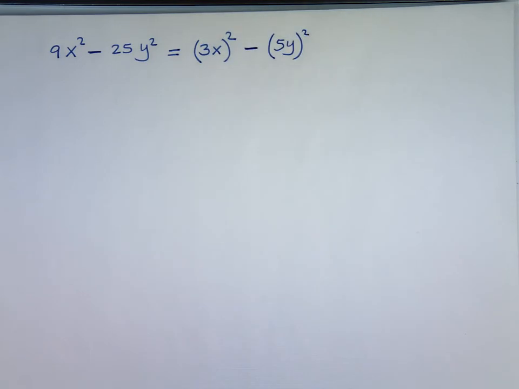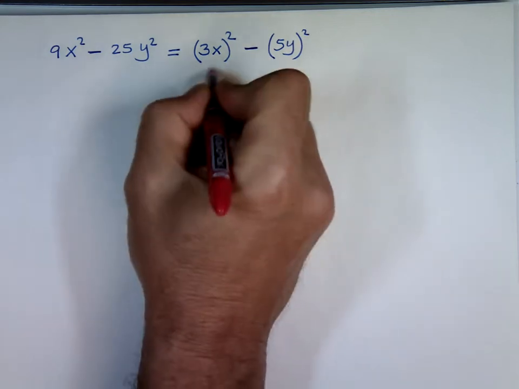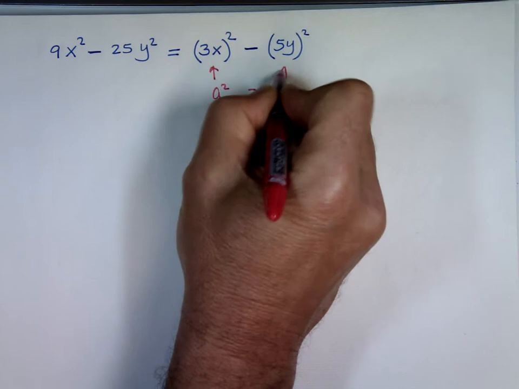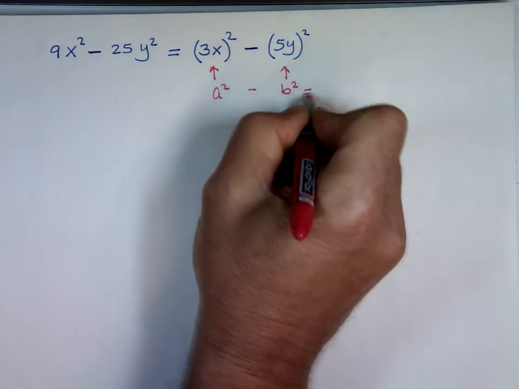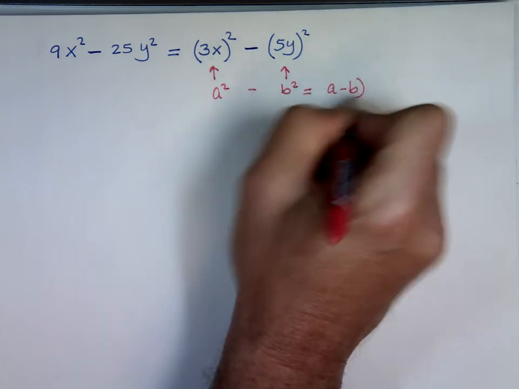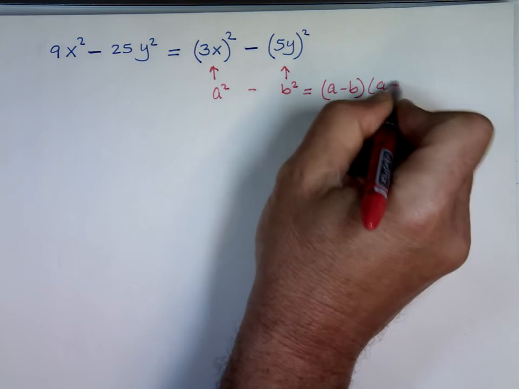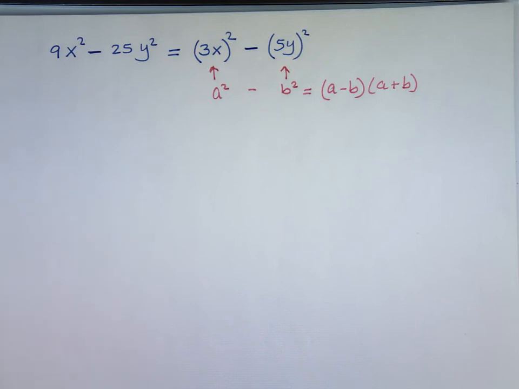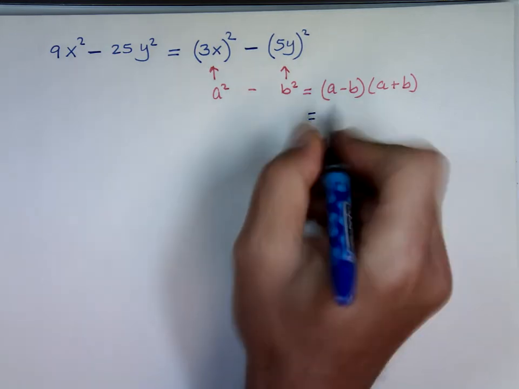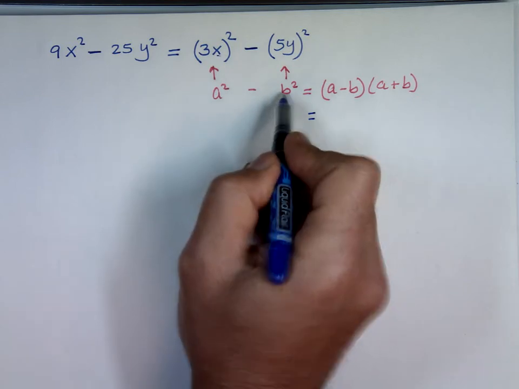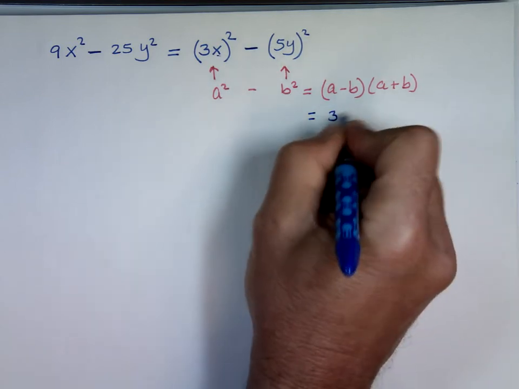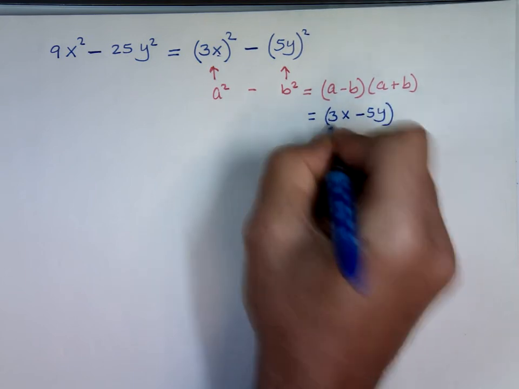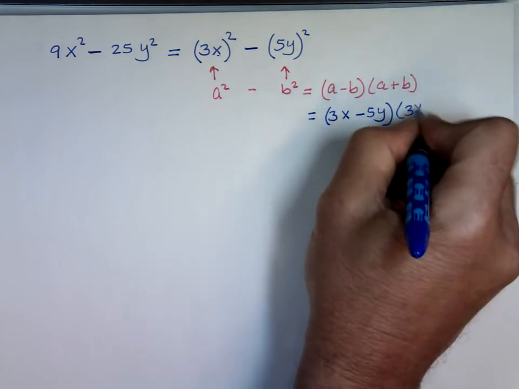Now that fits the form a squared minus b squared, which is a minus b times a plus b. Notice I keep writing that because if you write that 4 or 5 times, you'll remember it. A here is 3x and b here is 5y. So 3x minus 5y times 3x plus 5y.